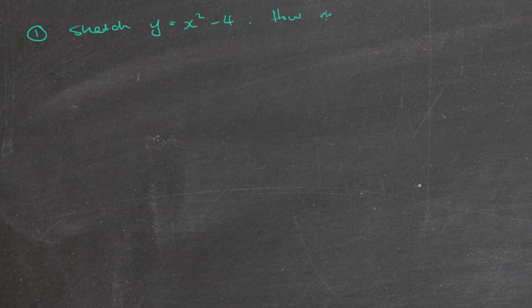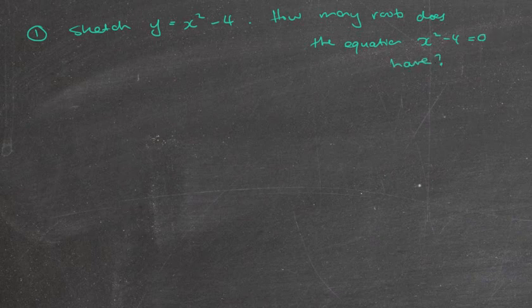So what type of questions might they ask us? I'm going to give you two different questions that they can pose. The first might say the following: sketch the graph y is equal to x squared take away 4, and how many roots does the equation x squared minus 4 equals 0 have?